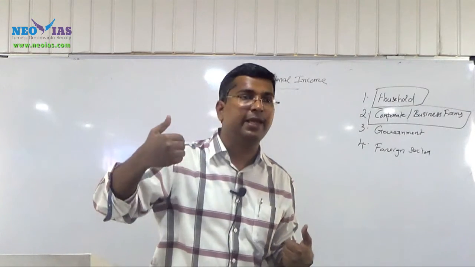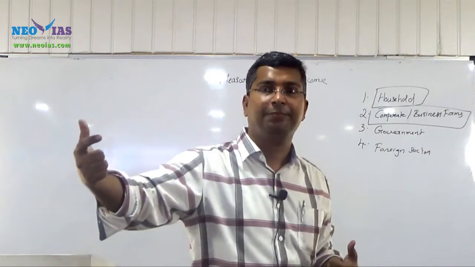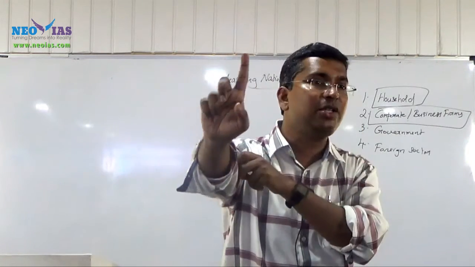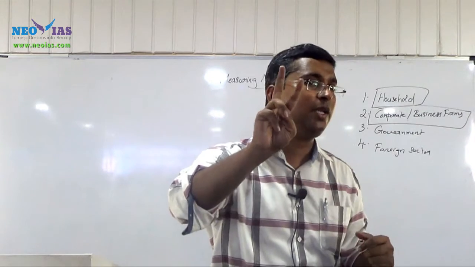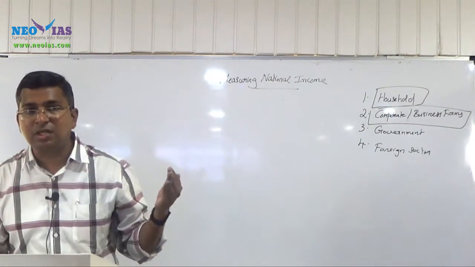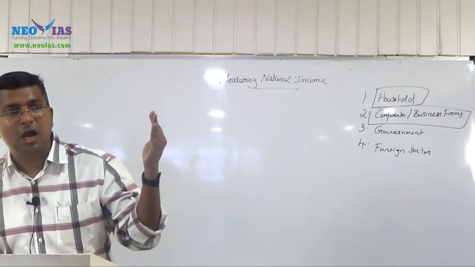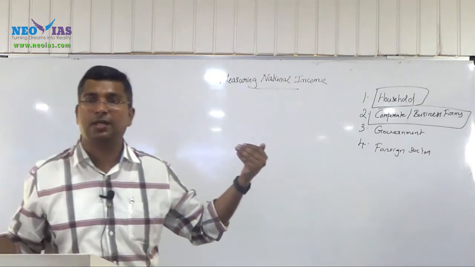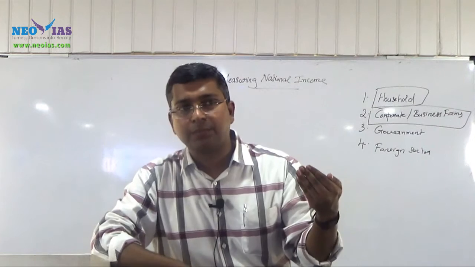From the household side, it is consumption expenditure. I told you in the initial session two terms, investment expenditure and consumption expenditure. Consumption expenditure is expenditure from the household for the goods and services purchased from the business firm.